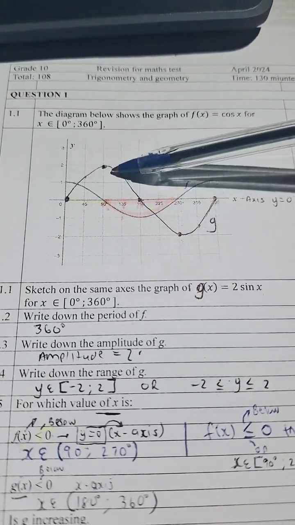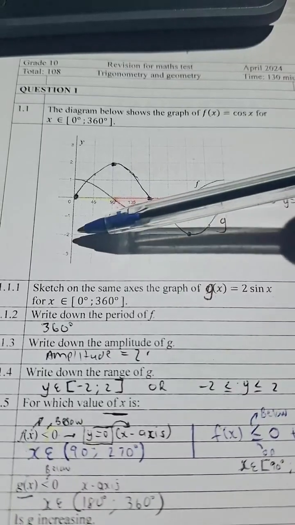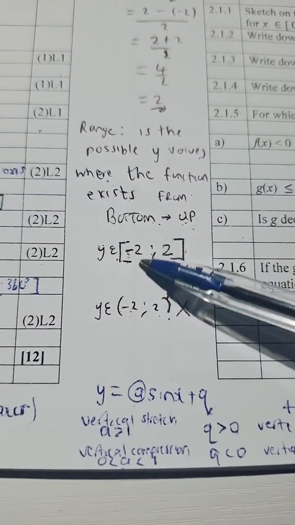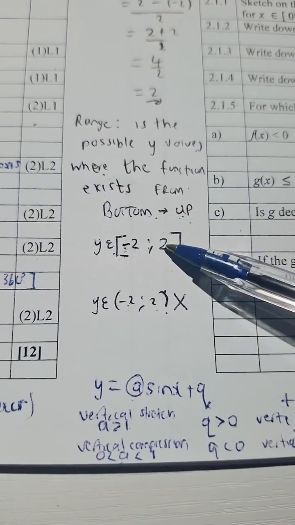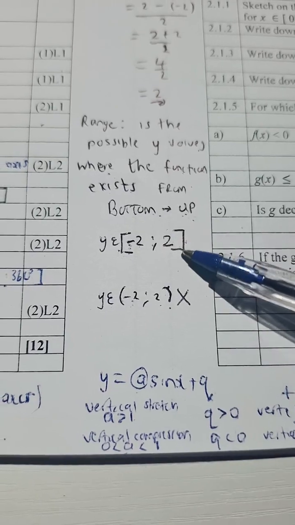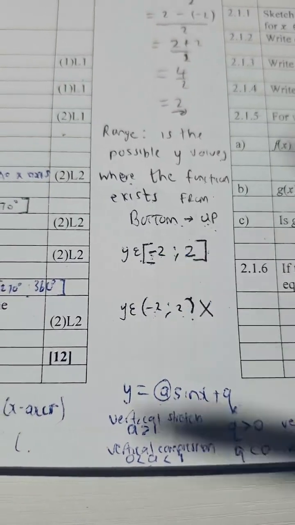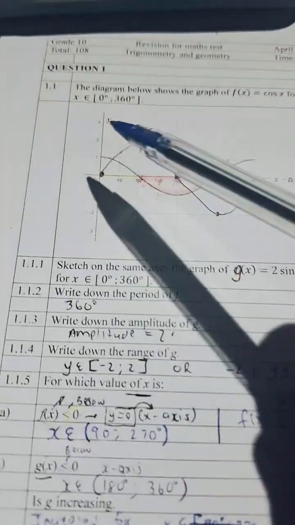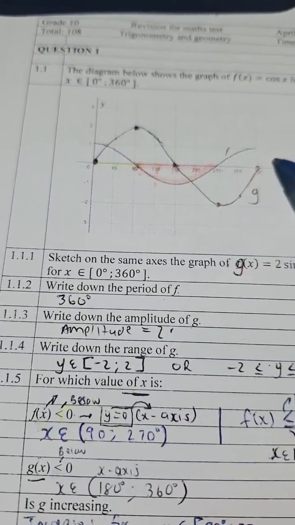So from the lowest to the top, it is y is an element from -2, then this semicolon just means to 2. So it's -2 to 2. And then we close the bracket, you see? So that's the range of this function. Okay, the range of this one.